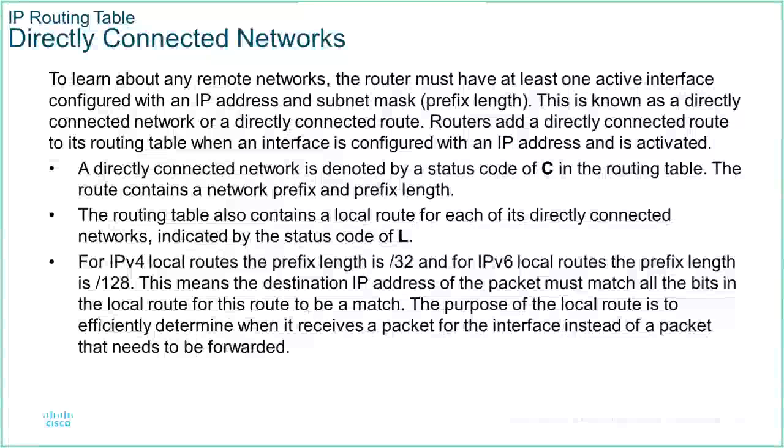So the IP address that we configure on the interface is shown in the routing table with a /32. So we not only know what our connected network is, we know the IP address of our local interface, and that's shown in our routing table. This information was always known to the device. It's now just represented in the table.